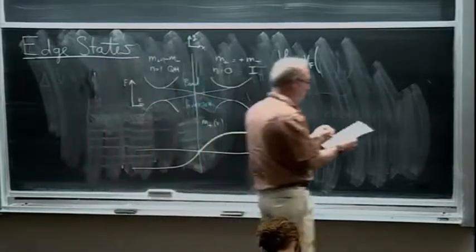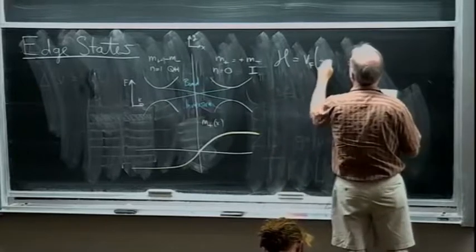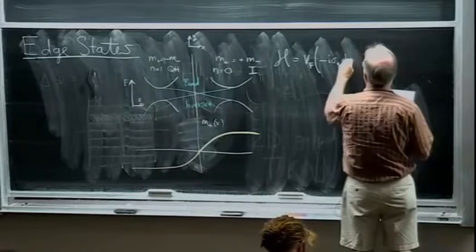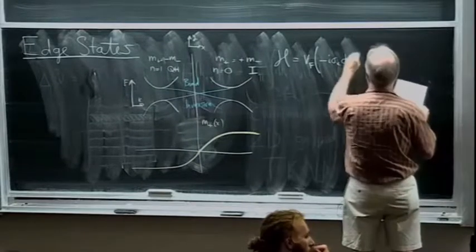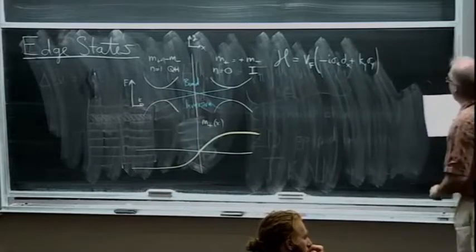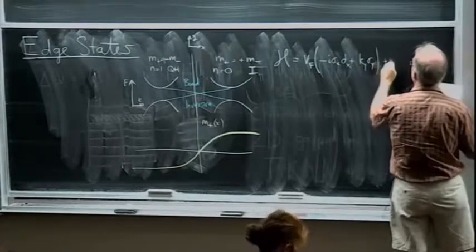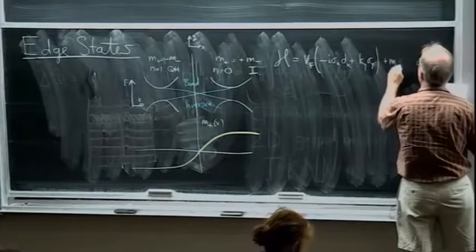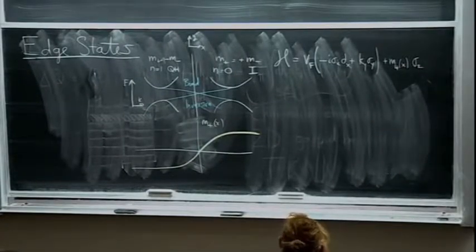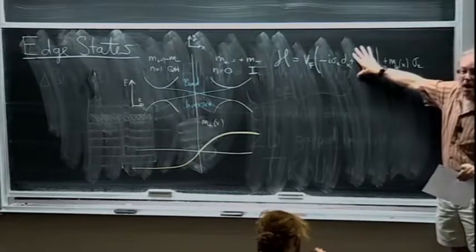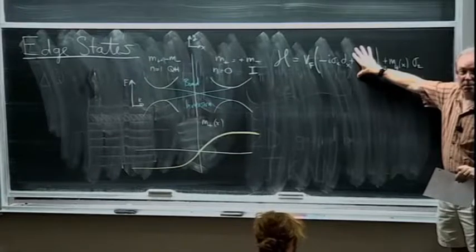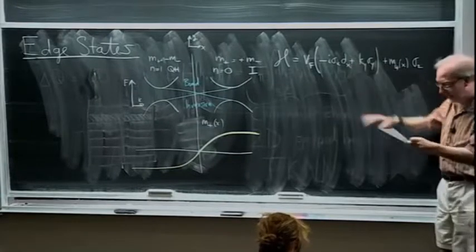So I'm going to have minus i sigma x d by dx plus ky sigma y. And then now I have the mass term, which is m plus of x sigma z. Okay, and so this, if I fix ky, this looks just like the Jackiw-Rebbi problem that we solved. Okay, and it has the same solution.